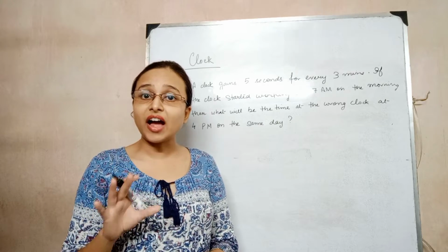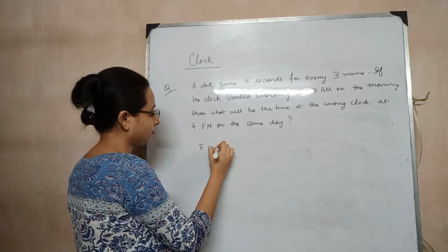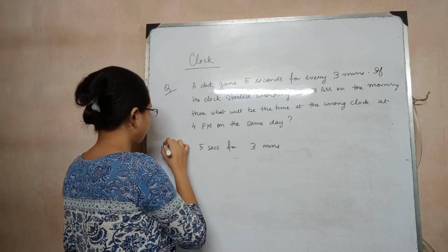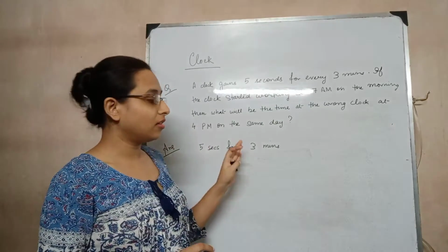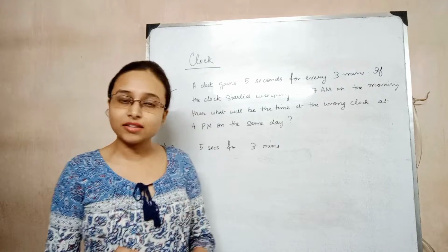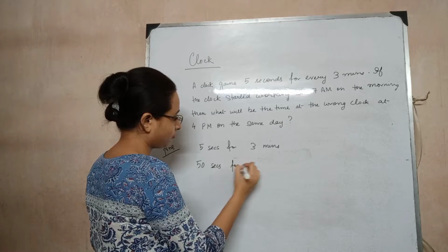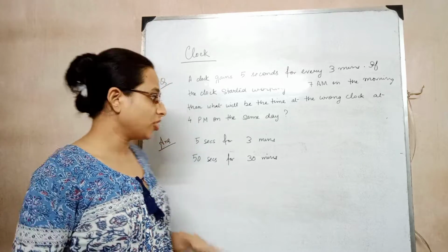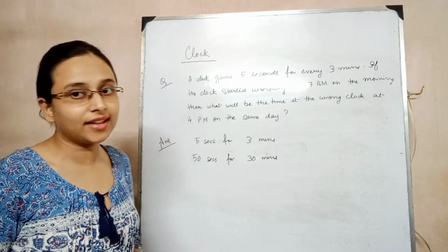A clock gains 5 seconds for every 3 minutes. Okay. Now, if a clock gains 5 seconds for 3 minutes, then it will gain 50 seconds in 30 minutes. So, if we go by this logic, then for 100 seconds, it will take 60 minutes, that is 1 hour.